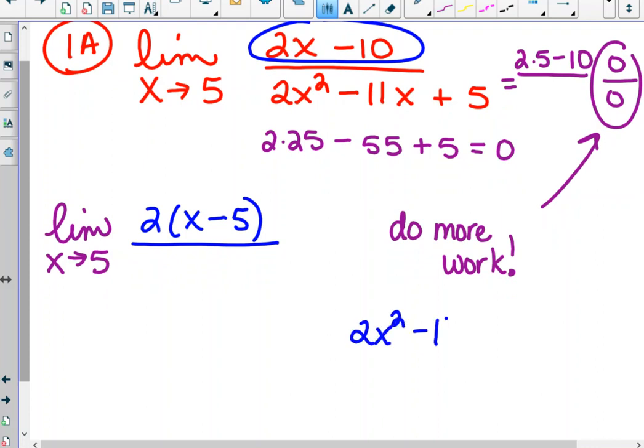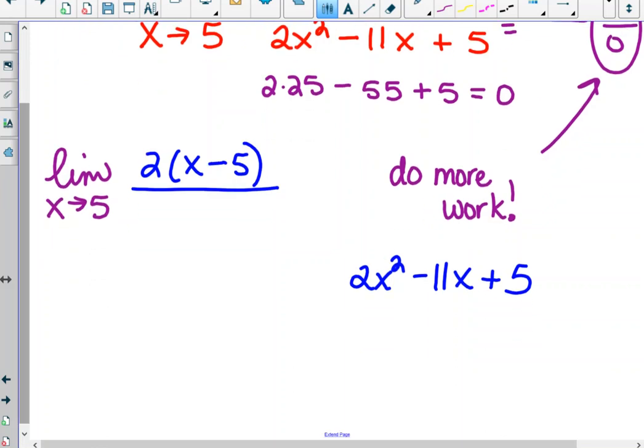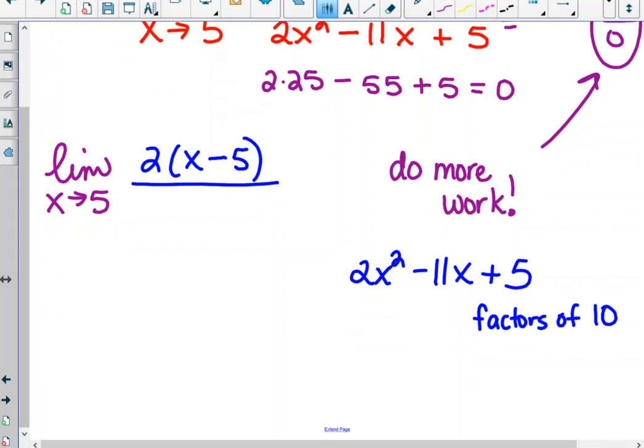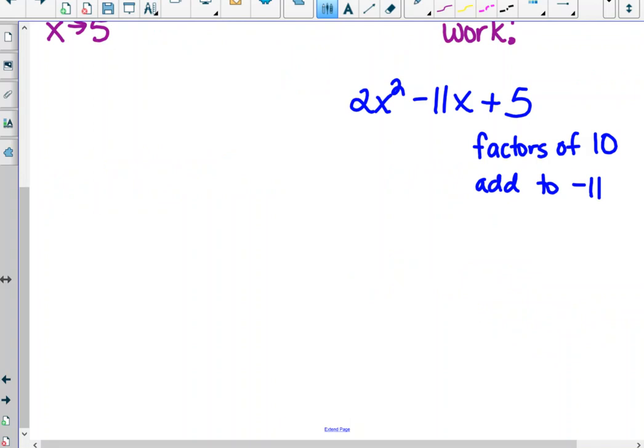2x squared minus 11x plus 5 means I need factors of 10 that add up to negative 11. That's me taking this 2 times this 5.